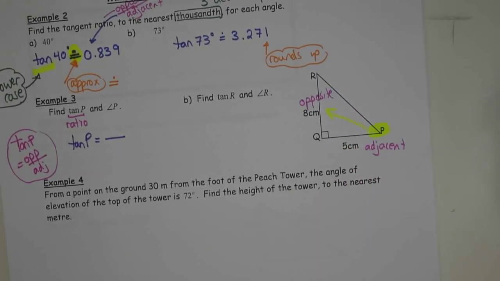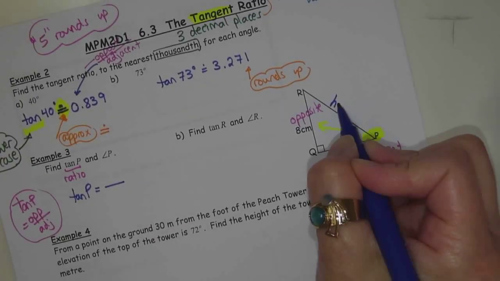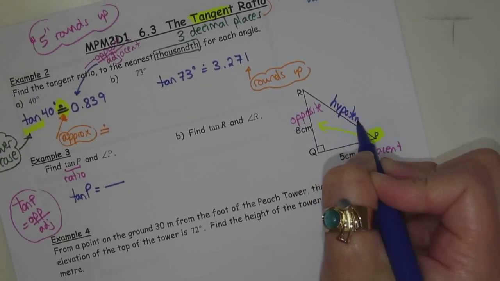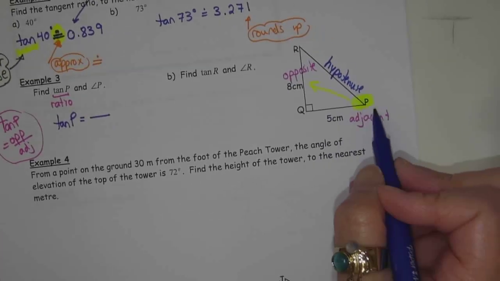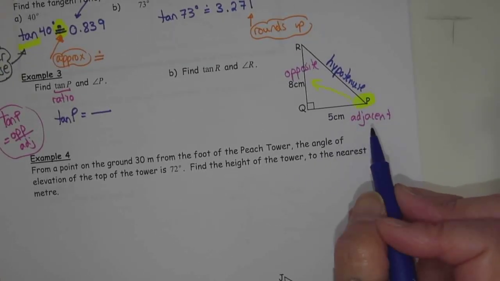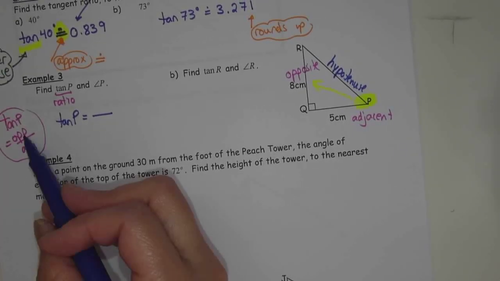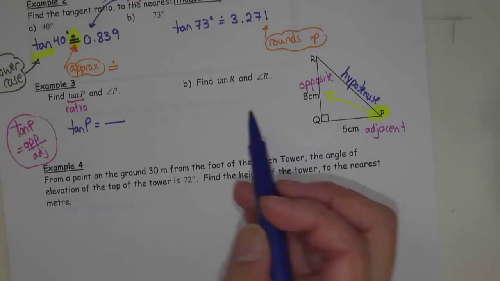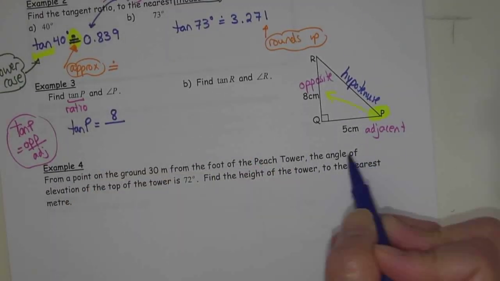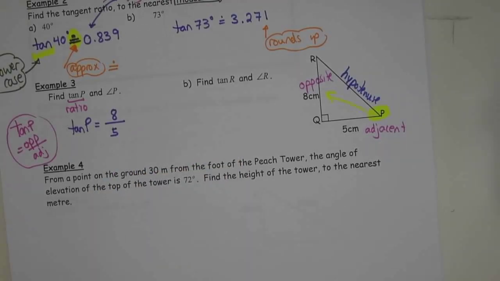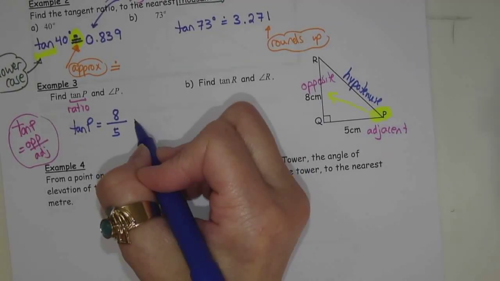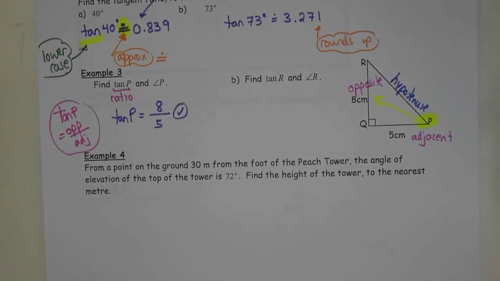This side here is the hypotenuse. So for angle P, opposite over adjacent: opposite is 8, and adjacent is 5. That's tan P, so I get the mark for writing tan P.